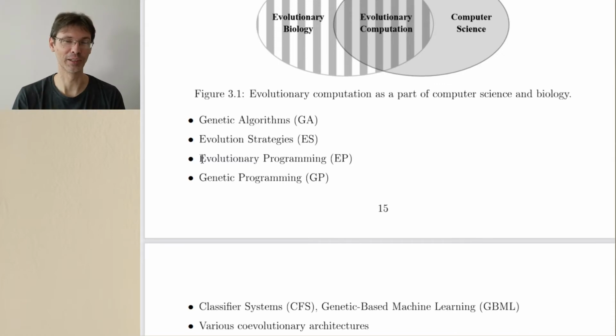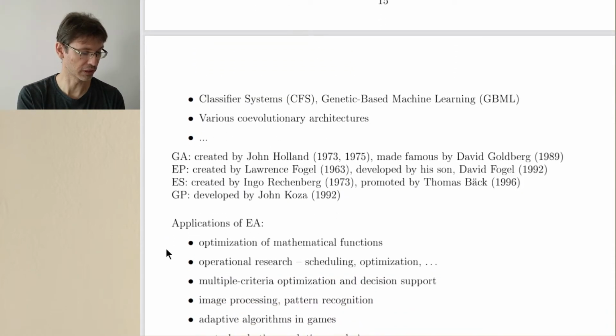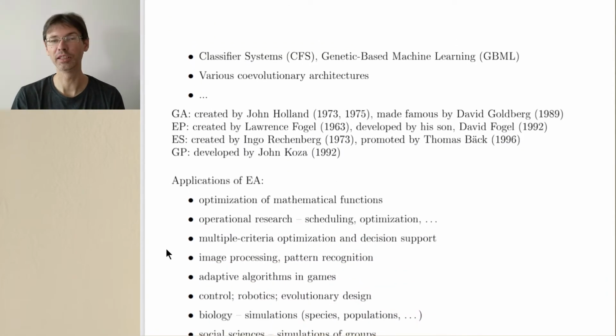As to applications of evolutionary algorithms, they are obviously the same as any optimization algorithm because evolutionary algorithms are an example of an optimization algorithm. So you can use them for the same applications as local search, tabu search, simulated annealing, exhaustive, and so on.